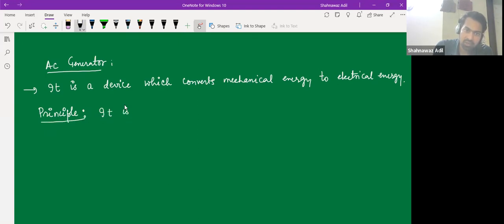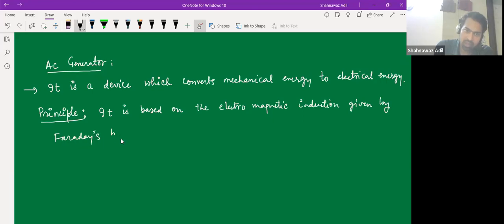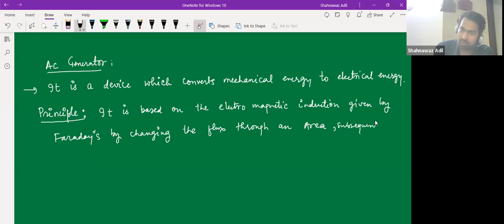So it is based on the electromagnetic induction given by Faraday's law, by changing the flux through an area and subsequently generating an EMF.